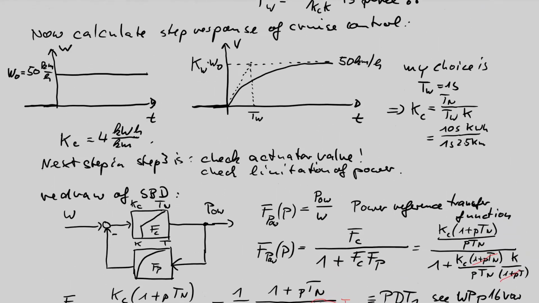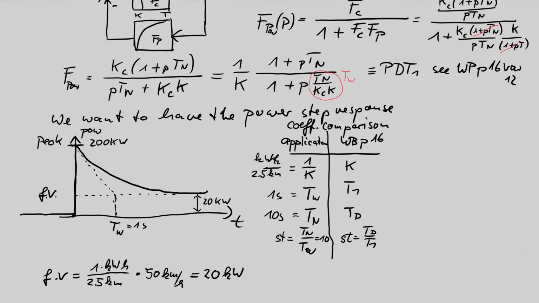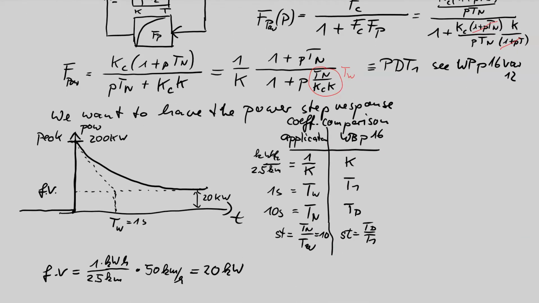Then we reach the speed, the final value, within 1 second 63%, so say within 5% in 3 seconds. This is only realizable if the motor can deliver 200 kilowatt in the peak and goes down with its power to 20 kilowatt within say some seconds.